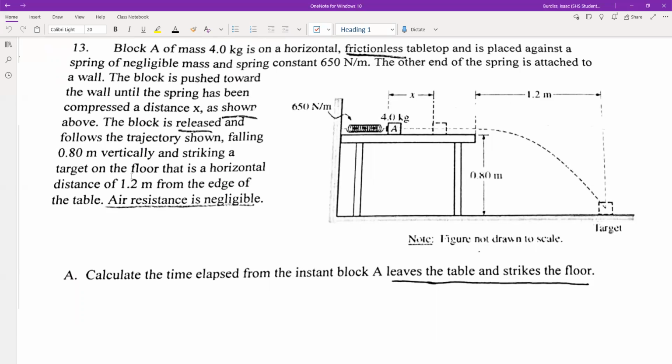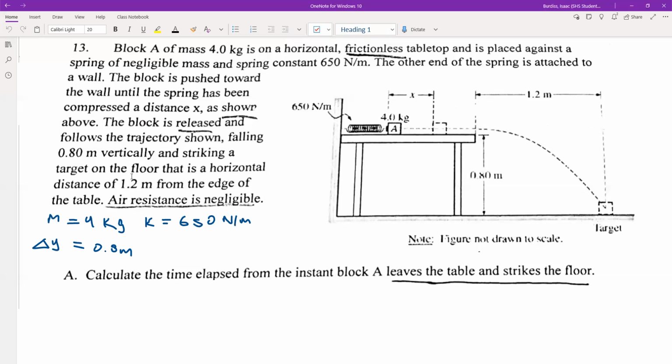But after reading this, just skipping the steps that we already know, you would find out the following: that the mass is 4 kilograms, that the spring constant is 650, and then you would find out that the change in y when it falls is 0.8 meters.